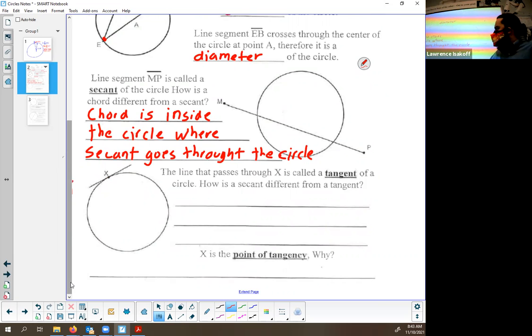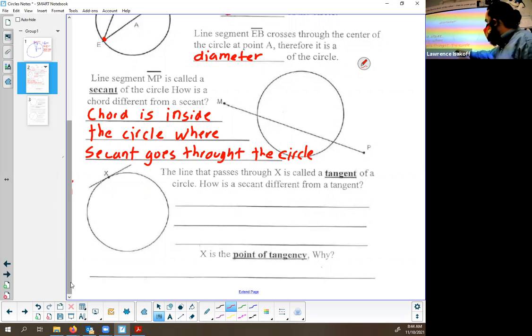Secant just went straight through it. But this tangent, what does it do? Yeah, it just kind of brushes the circle, it just touches the circle. It's all the way basically outside except for this point it touches, right? So that's what it means to be tangent. It's just a point that just touches it.